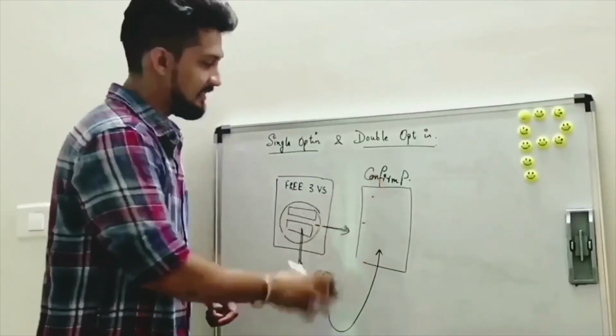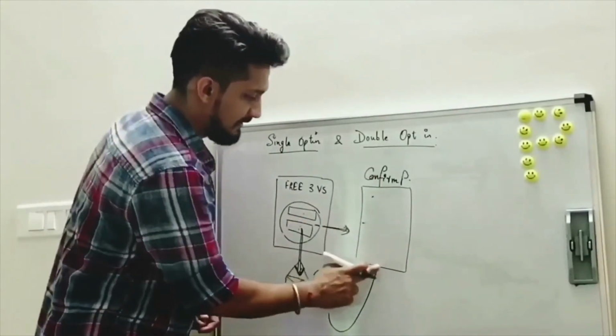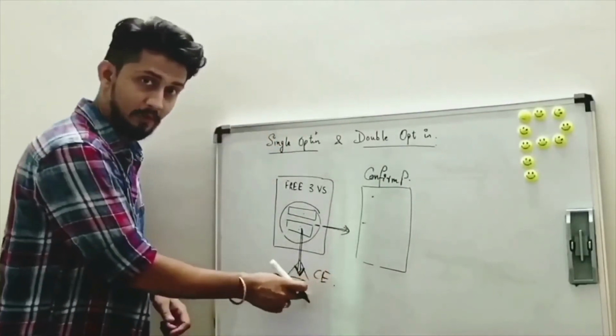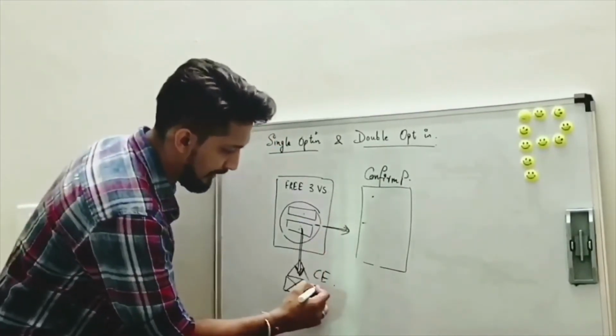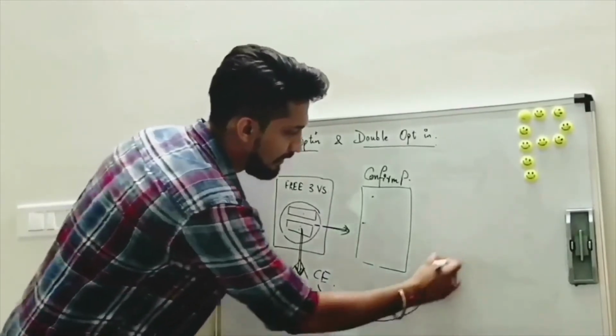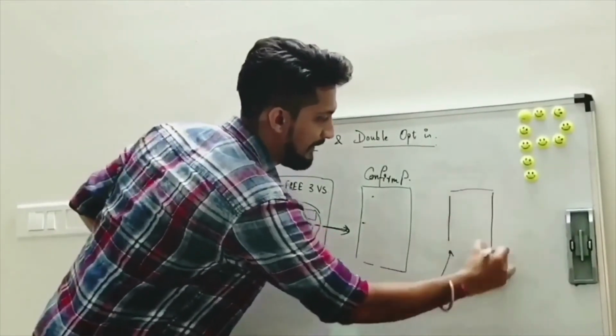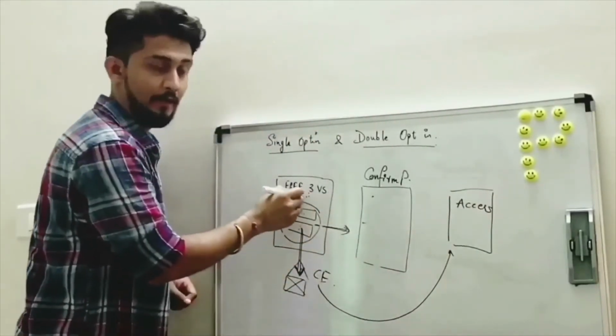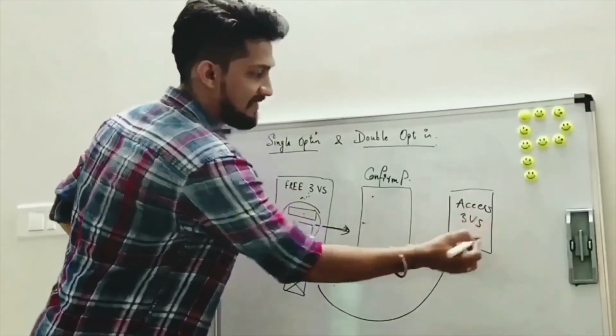And what happens is you get redirected to this, and the link which is there in your email, when clicked, redirects to a separate page where you get access to the value being provided. So you get 3 video series access over here.